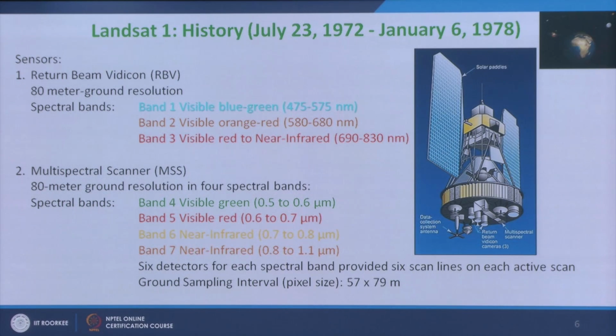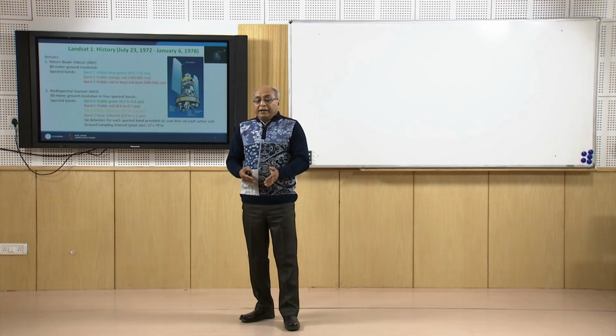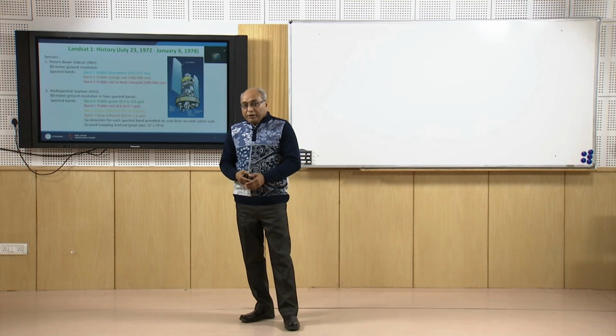It has 4 channels. Initially the names of these bands were 1, 2, 3, 4; later on these were named 4, 5, 6 and 7. We do not have any channel in the blue part of the EM spectrum, as you know that a lot of this solar radiation is absorbed by the atmosphere in this part of the EM spectrum.